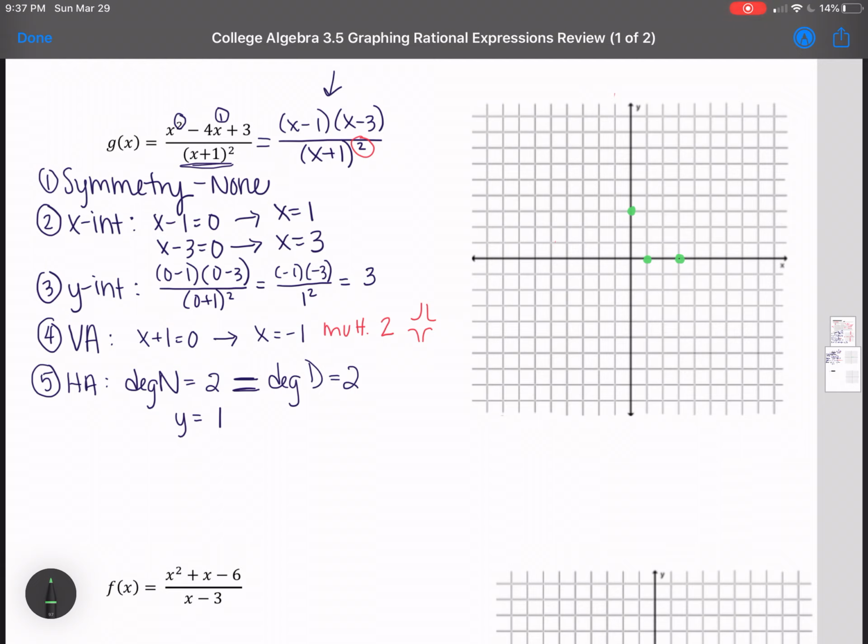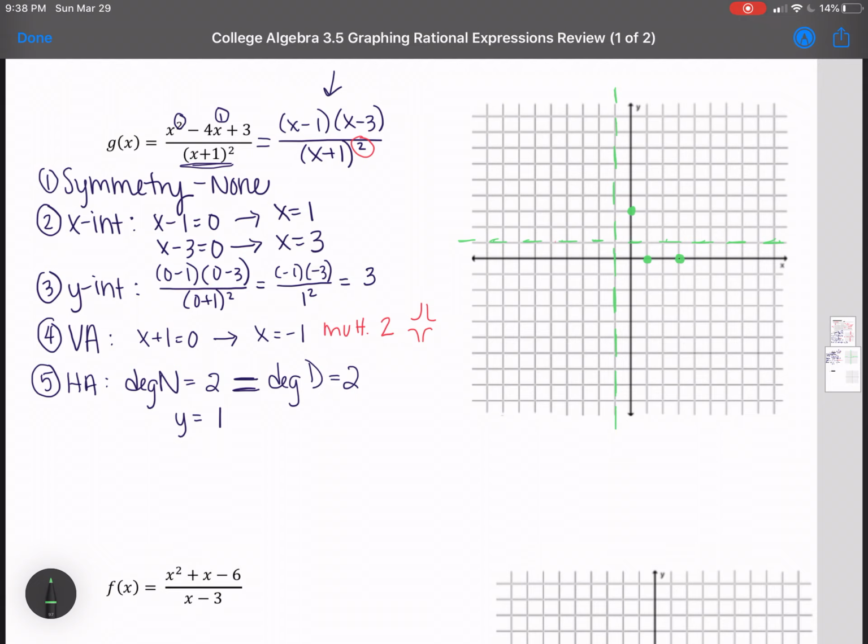Then a vertical asymptote at x equals negative 1. And a horizontal asymptote at y equals 1. Alright.